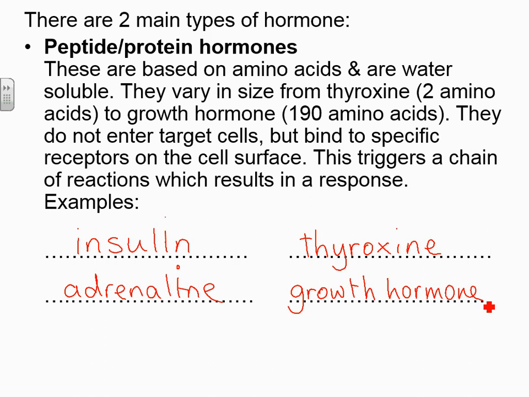And a particularly good one is beta blockers. Heard of beta blockers? Yeah? What do beta blockers do? They reduce something. Well, they reduce stress levels and heart rate and blood pressure, really.